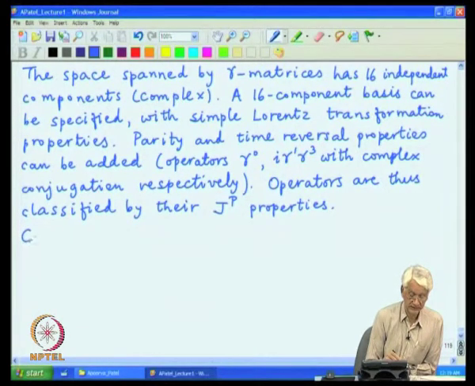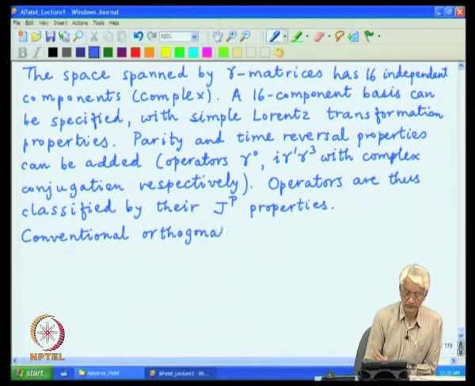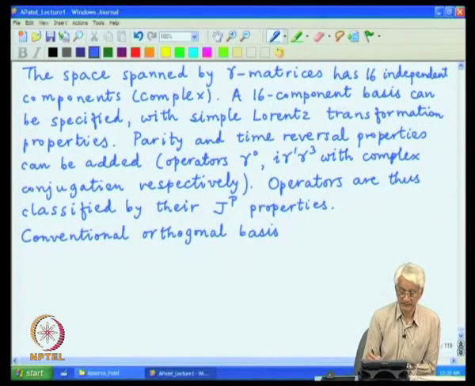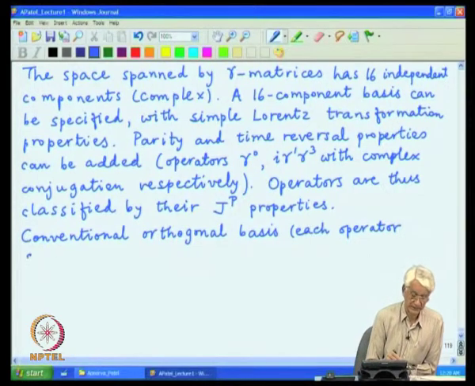This is a conventional orthogonal basis, and it has a normalization that each operator squares to plus or minus 1.